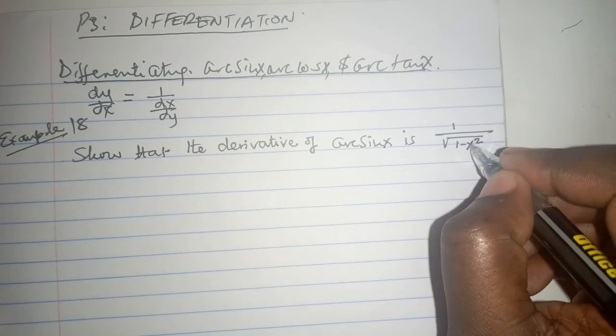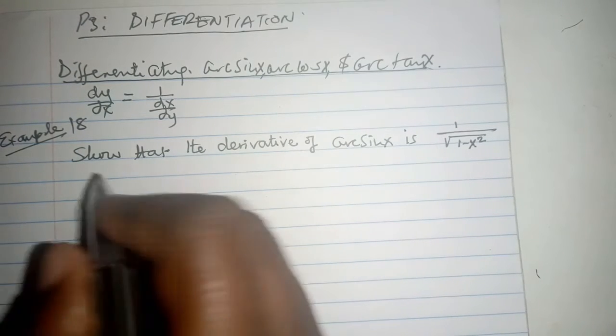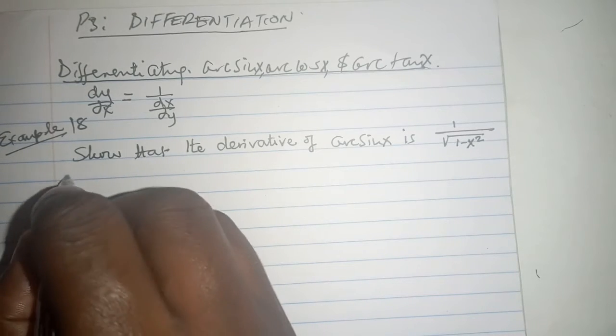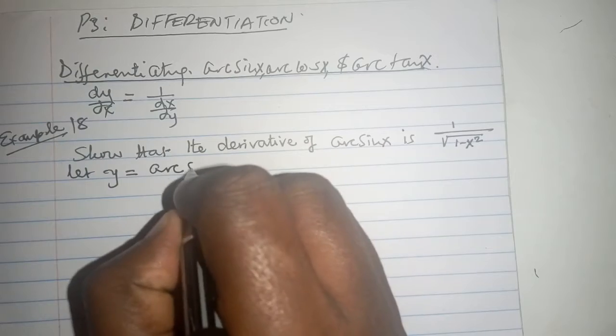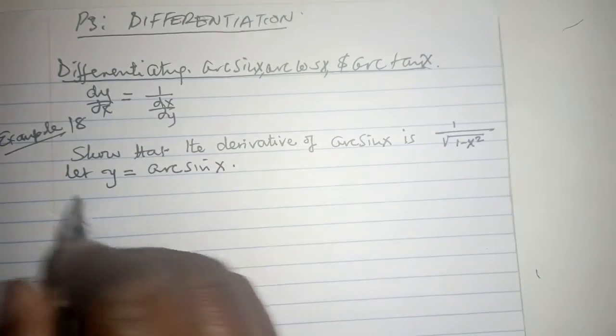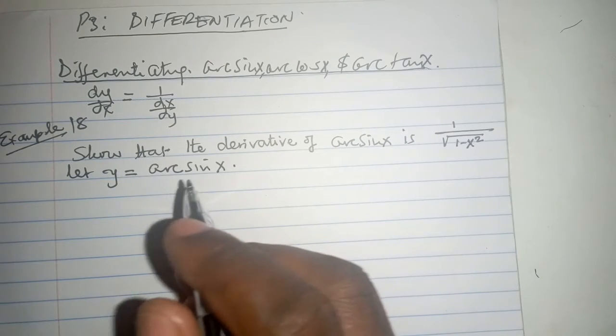That is what we are to show. And what do we know about it? Fine, first of all, let y equal arcsin x, so that we can see what we are dealing with.